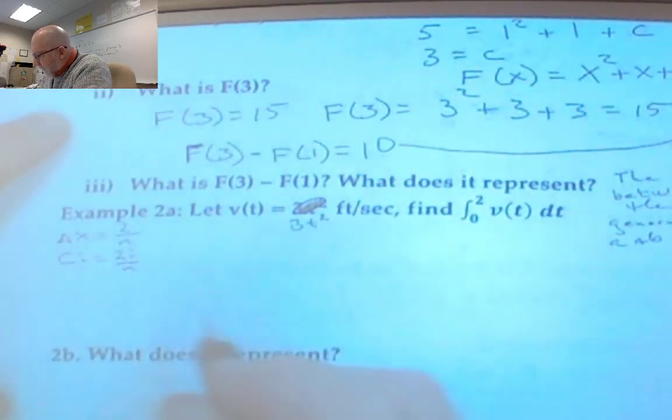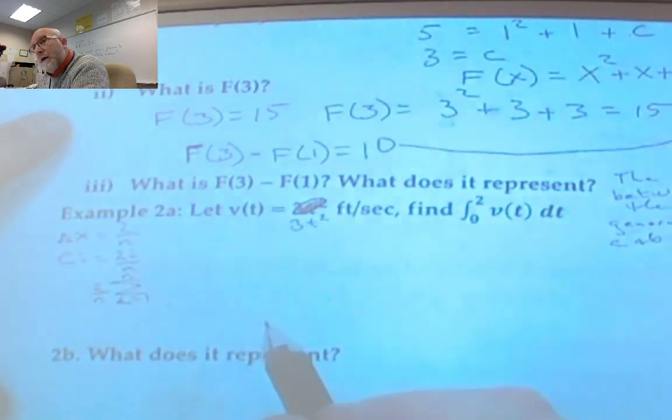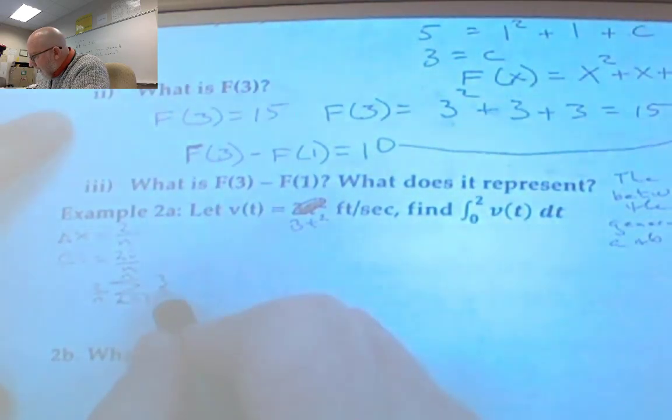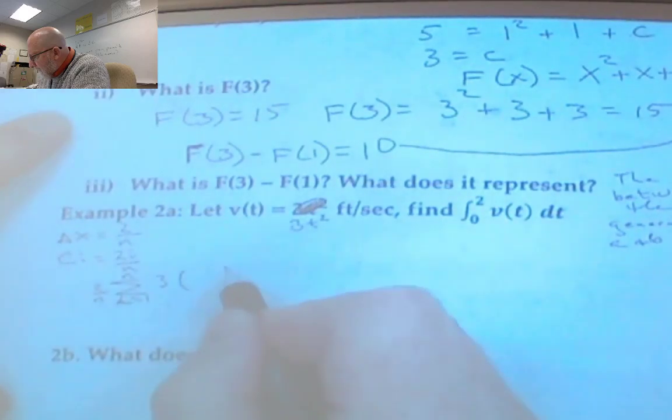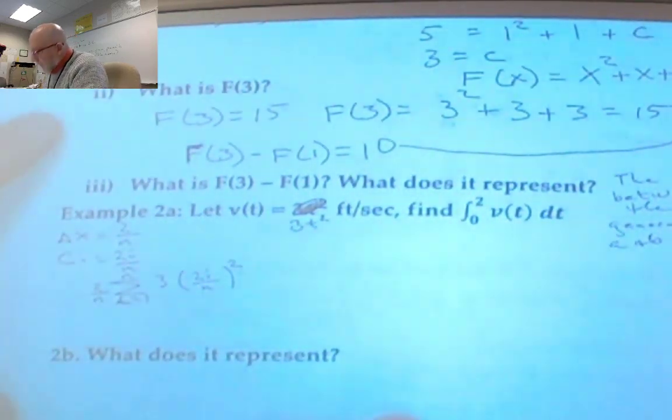So we're going to have a summation symbol, i equals 1 to n. In front will be 2 over n. Would you agree? And then I've got 3 times, what goes in here? 2i over n squared. Would you agree with that?